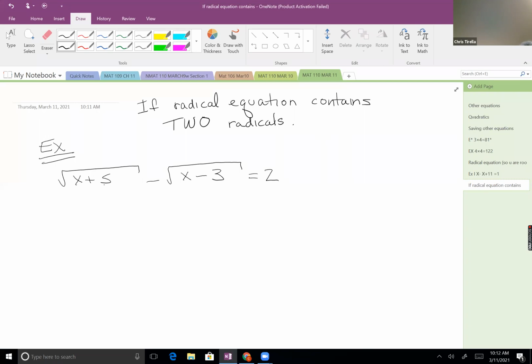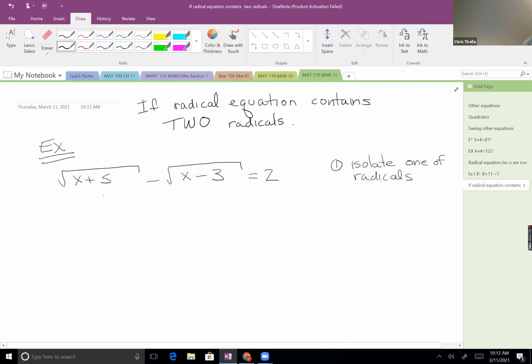Over on the left-hand side, this is a binomial. And if I tried to square that, it would get ugly. That middle term would get a little frightening. So what I want to do first is I want to isolate one of the radicals. Just want to get one of them alone.